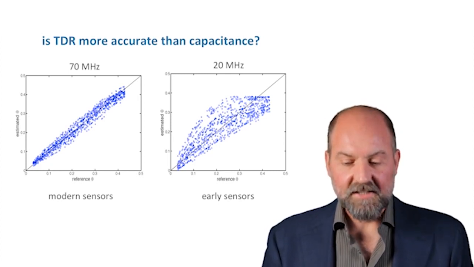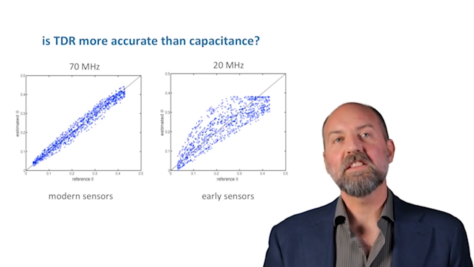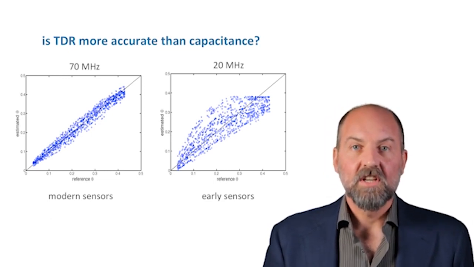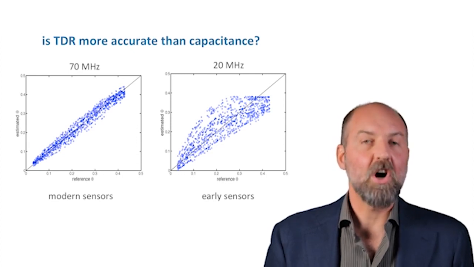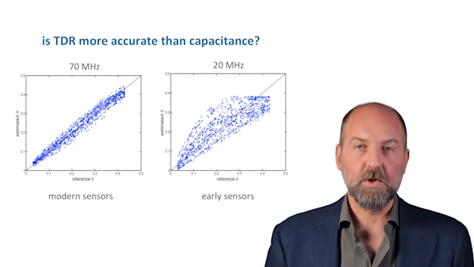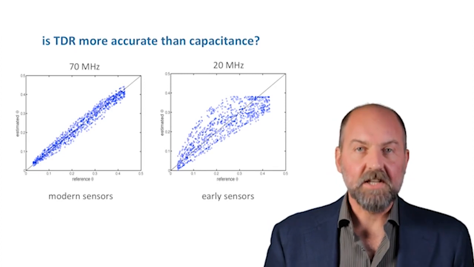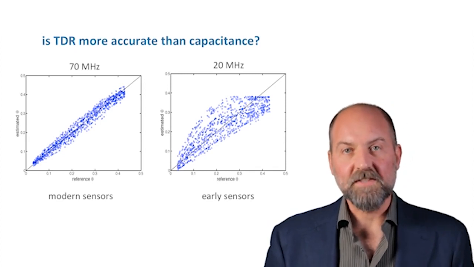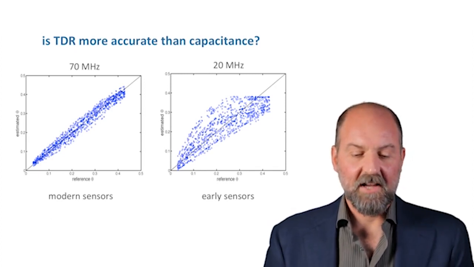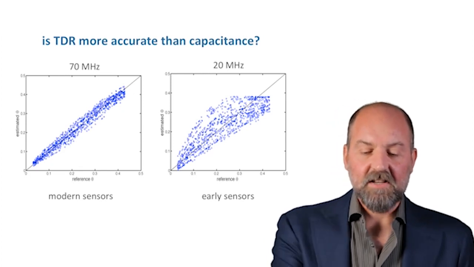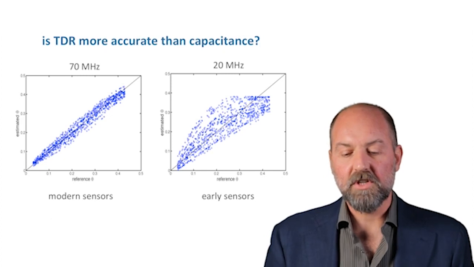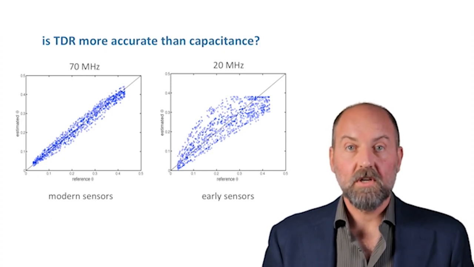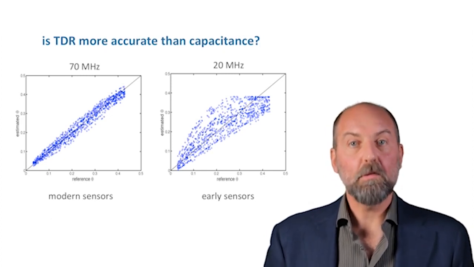So the result is that, if I may say, the capacitance technology enjoys some bad reputation because of the first prototypes. It is clear now that the higher frequencies are beneficial. As you can see, if we operate at 70 megahertz, and if you look closely into the picture, that includes the variability for all possible factors.